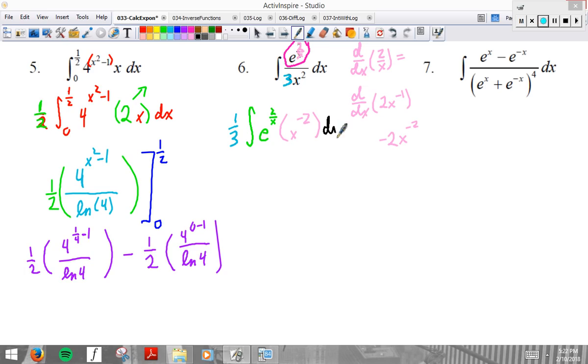And we'll have the dx, which was always there. So now I don't want it to say just x to the negative 2. I want it to say negative 2x to the negative 2. So I need to multiply the inside by negative 2.